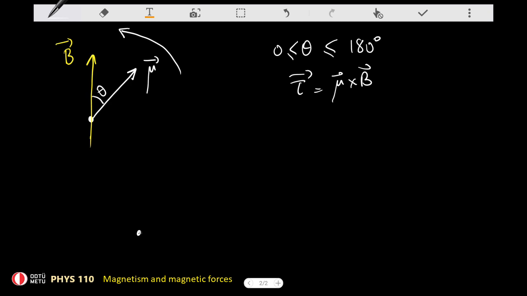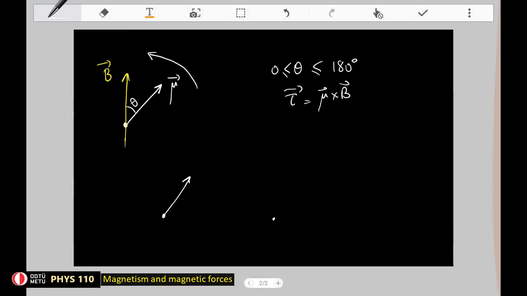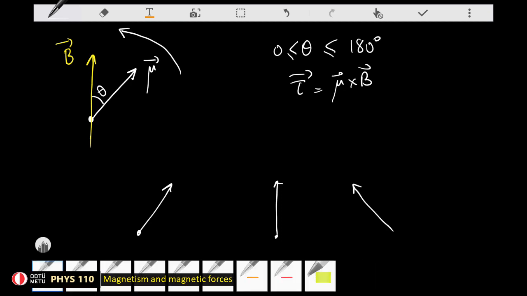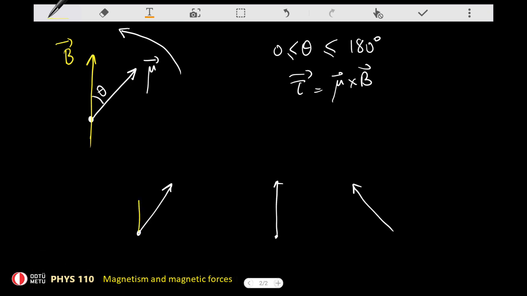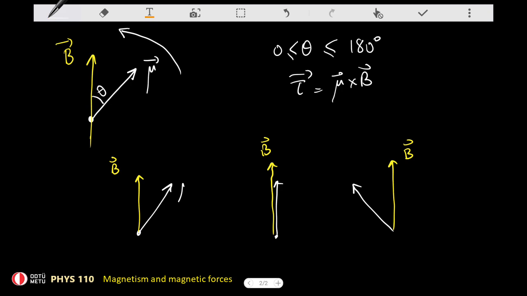I'm just going to draw this striation, that striation, and that striation. I'm going to use the yellow colors for the magnetic field always. So this is the magnetic field, and the white is the magnetic dipole moment. So in all of these pictures, I'm going to have this.